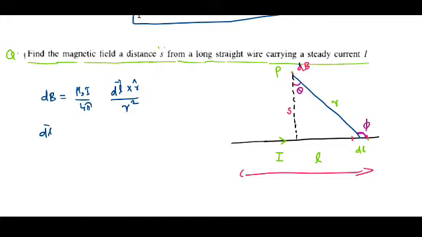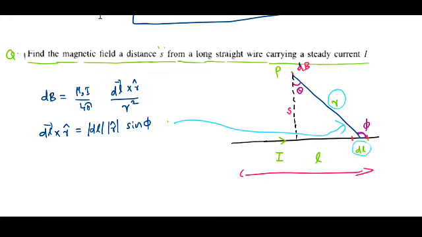Here the dl cross r cap is equal to dl its magnitude, r cap its magnitude, sine phi, because if you look at this picture here, the angle between the r and dl is nothing but phi.